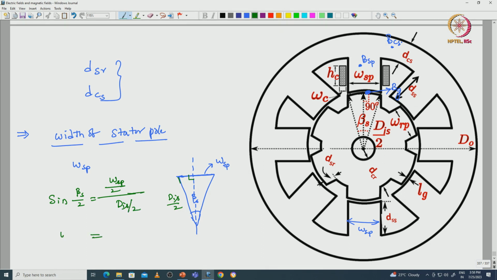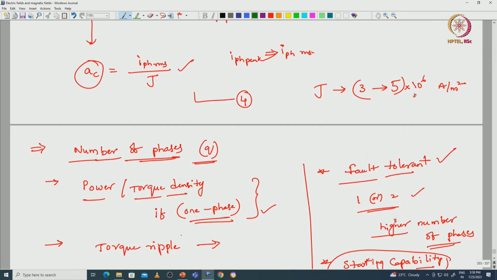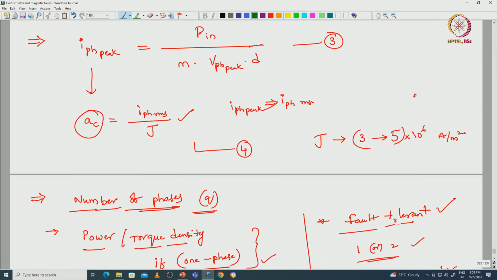So this will give the width of the stator pole equals DIS into sine of beta s by 2. This is equation number 5.